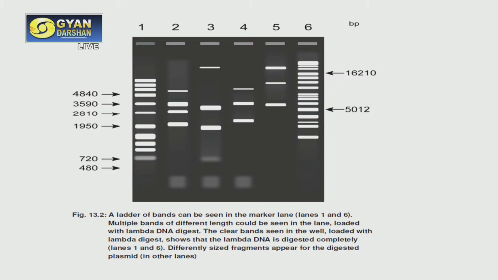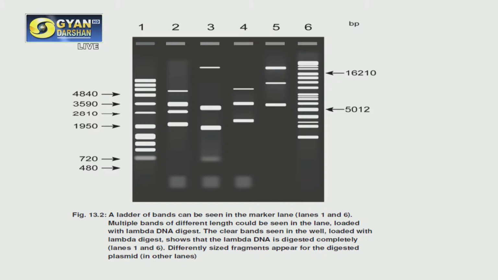In that case, you will notice two bands. One is the main band and another is the released band, which will be of lower molecular weight and which will come at the lower portion of the agarose gel. It will vary, but if it is just a plasmid DNA and you cannot detect the fragments as such, then you will get one single band.